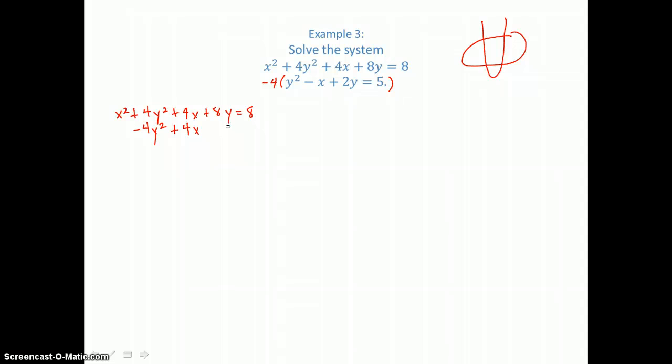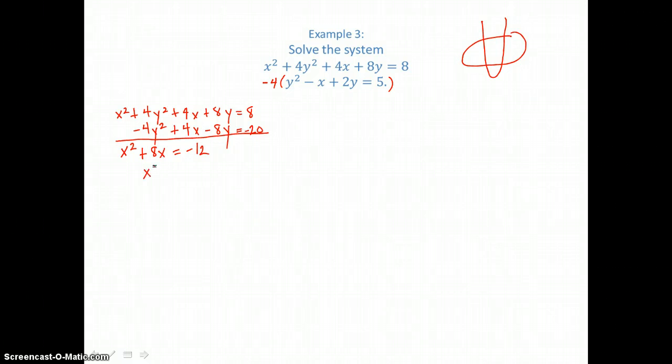And I'll have negative 8y. On the right-hand side, I'll have negative 20. So now adding these two equations together, I have 1x squared. My y squared terms sum to 0. I have 4x plus 4x, that's 8x. And 8y and negative 8y is 0. On the right-hand side, 8 and negative 20 is negative 12.